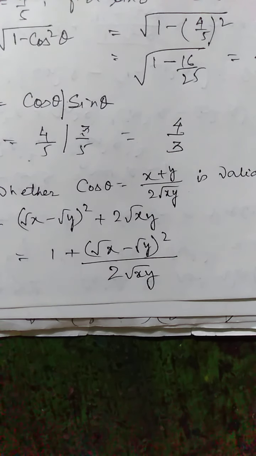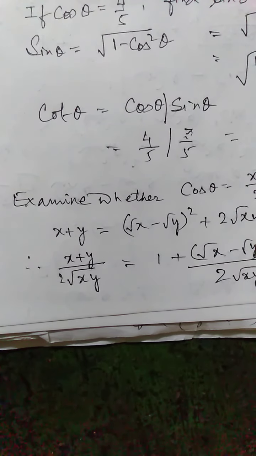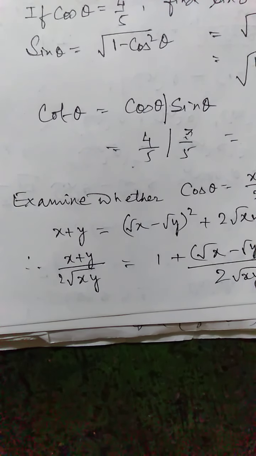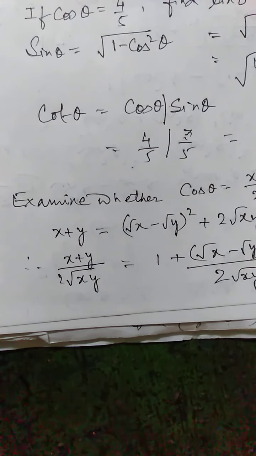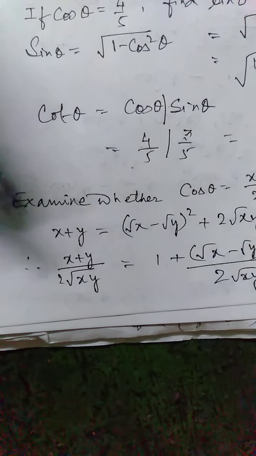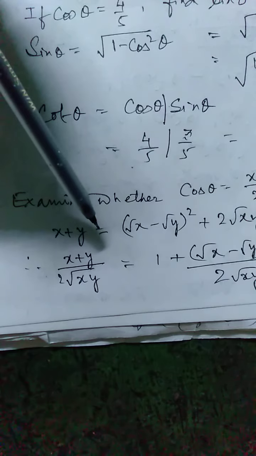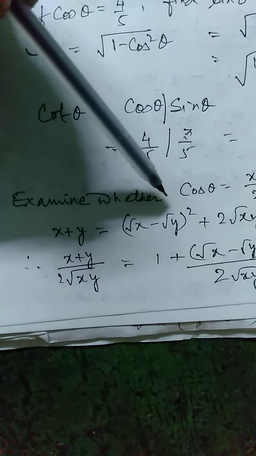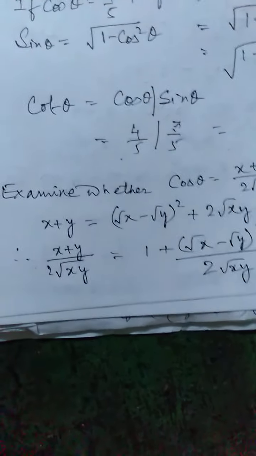If the value of cos theta and sin theta is from minus 1 to 1, then it is valid, otherwise invalid. Let's see. Now what is x plus y? We can consider x as root x whole square and y as root y whole square. So we can write x plus y as root x minus root y whole square plus 2 root xy. Okay?